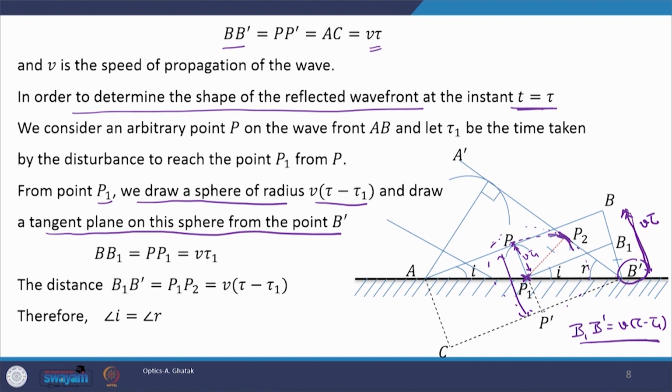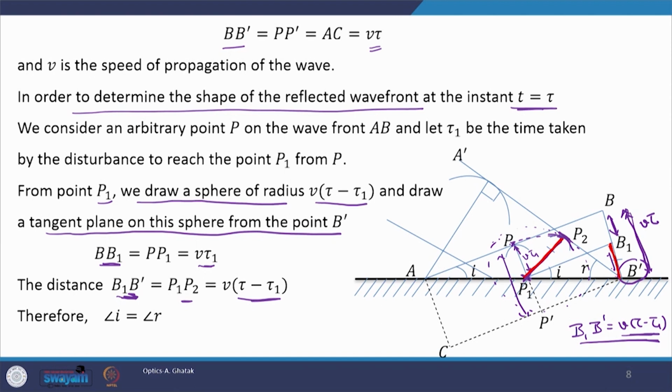We know that BB1, which is this distance, is equal to PP1, which is V tau 1, and the distance B1 B prime is equal to P1 P2, which would be equal to V tau minus tau 1. This is the P1 P2 distance, and this distance would be equal to B1 B prime.